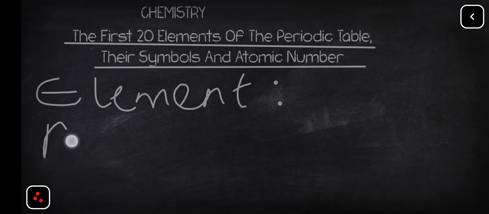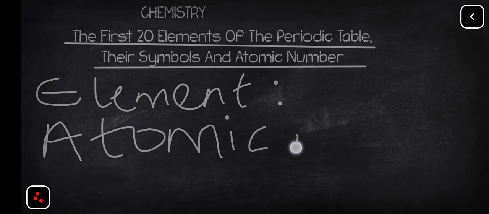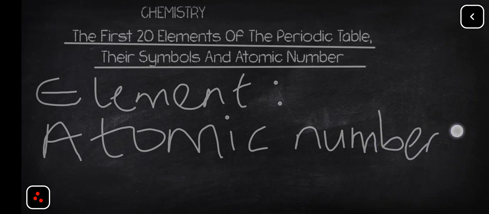So we can say an atomic number is the number of protons in the nucleus of an atom, which is characteristic of a chemical element and determines its place in the periodic table.